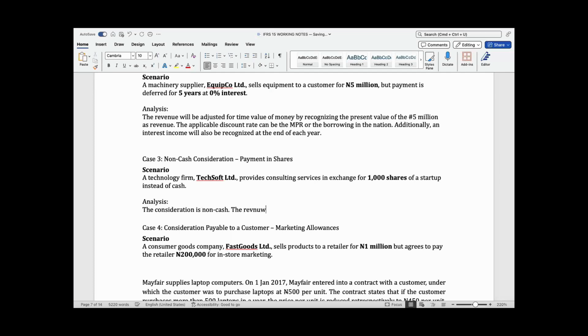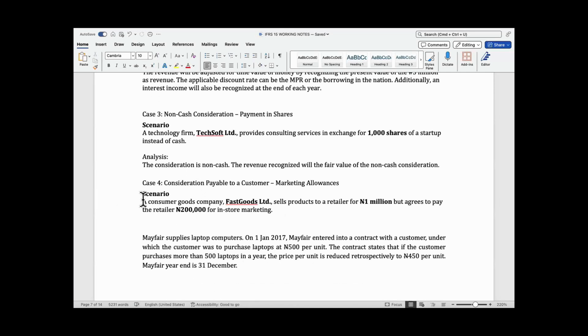So the revenue recognized will be the fair value of the non-cash consideration. So whatever the market price of the shares is, that's your revenue that you're going to recognize in your books.